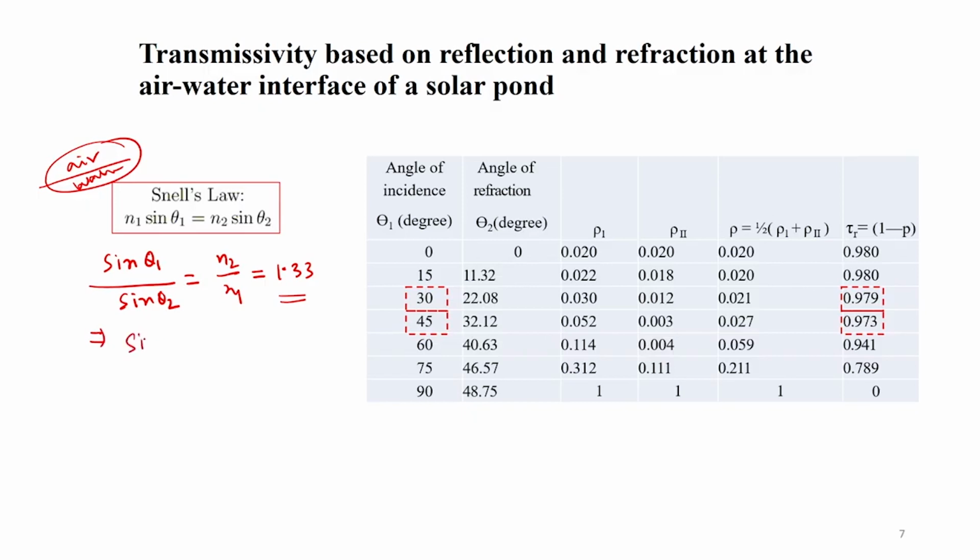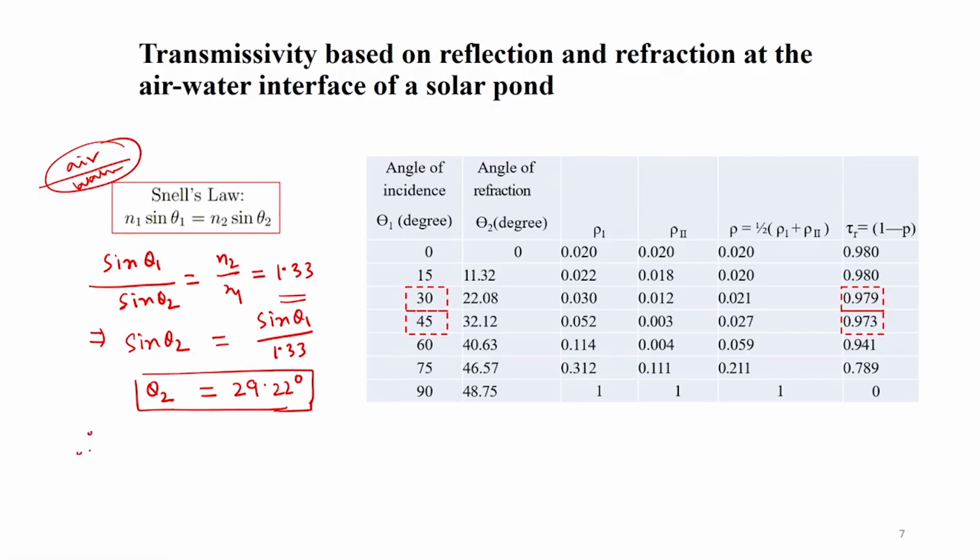So, sin theta 2 will be sin theta 1 by 1.33, and theta 2 will be the sin inverse of this value. If we calculate it, it will be 29.22 degree.